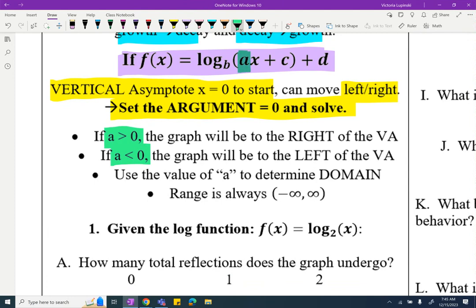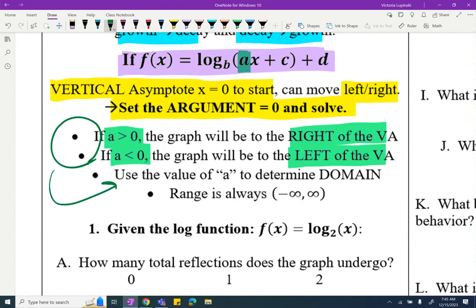The a value is in here. If that a value is positive, greater than 0, you're going to be to the right of the vertical asymptote. If that value of a is less than 0 or negative, you are going to be to the left of the vertical asymptote. Use these two values of a facing to the left or to the right to determine the domain. So again, those three things kind of go together.